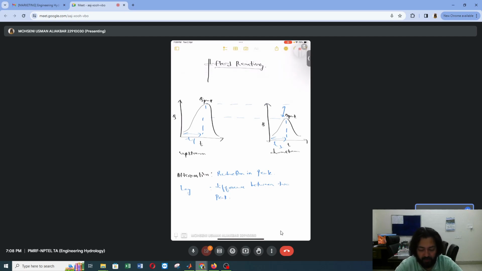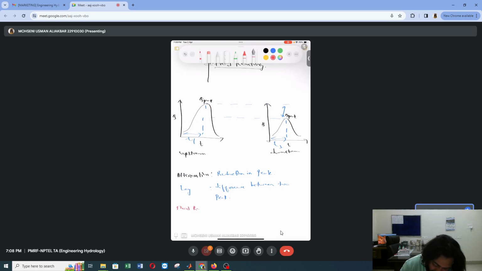So the definition of flood routing is, we can define flood routing or flow routing as a technique of determining the flood hydrograph of a section at the downstream.